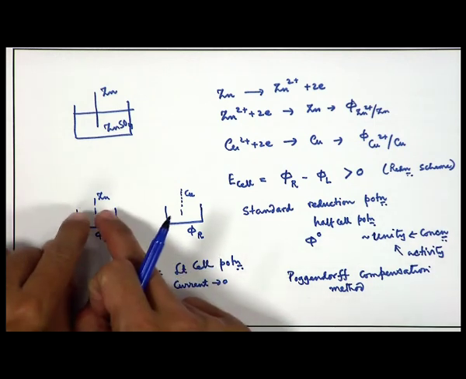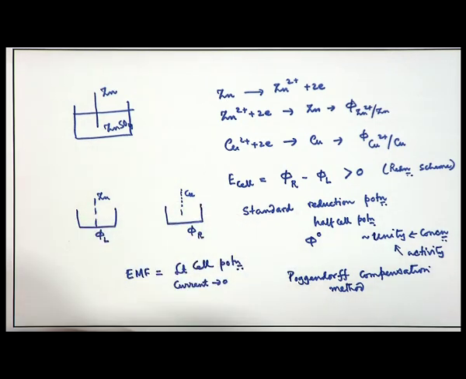Cell means it is a combination of two half cells. Okay. So, that is about the preliminaries of this galvanic cell. In the next lecture we will take up several other examples of such galvanic cells.